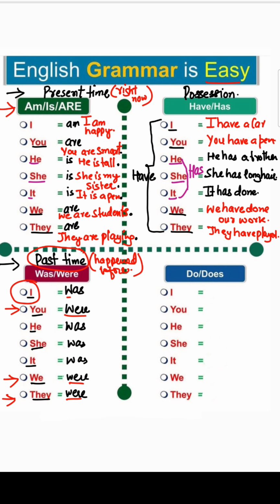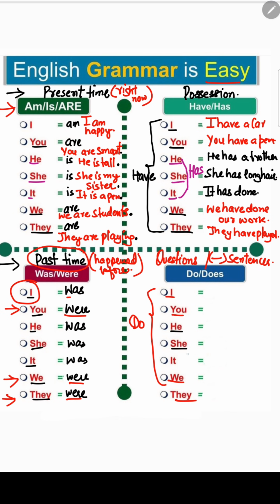Next, do or does. We use do or does for two purposes: number one, to make questions, and number two, to make negative sentences. Rule: with I, you, we, they, we use do.